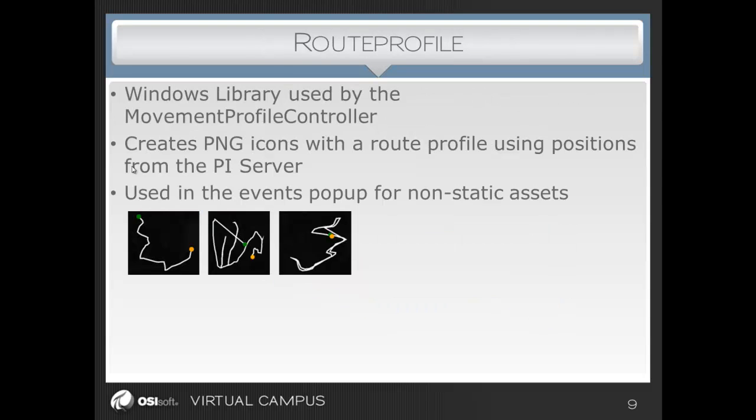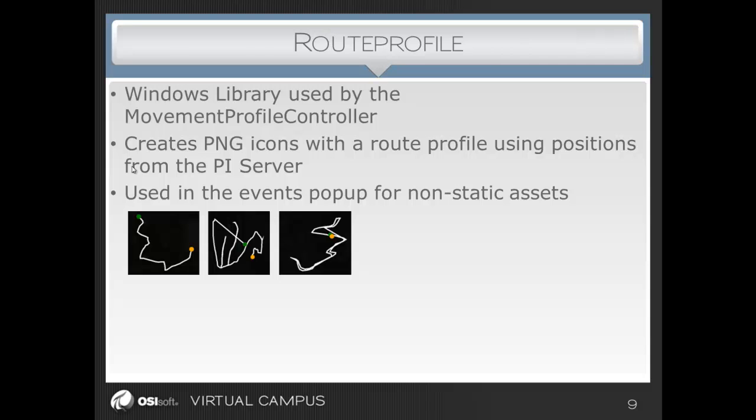Also, a little bit of an odd dog is the route profile library. This is a separate library in the solution, and it's a very simple Windows library. It's used by the movement profile controller, and its task is basically to just generate PNG files with a route profile of a non-static asset.